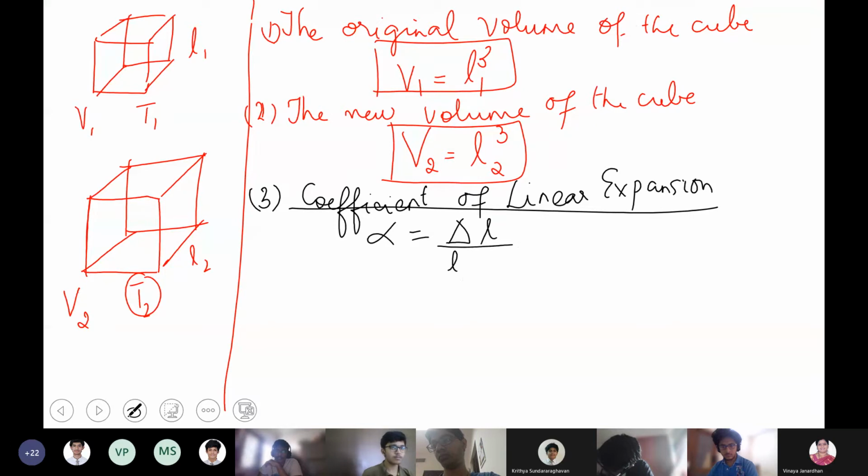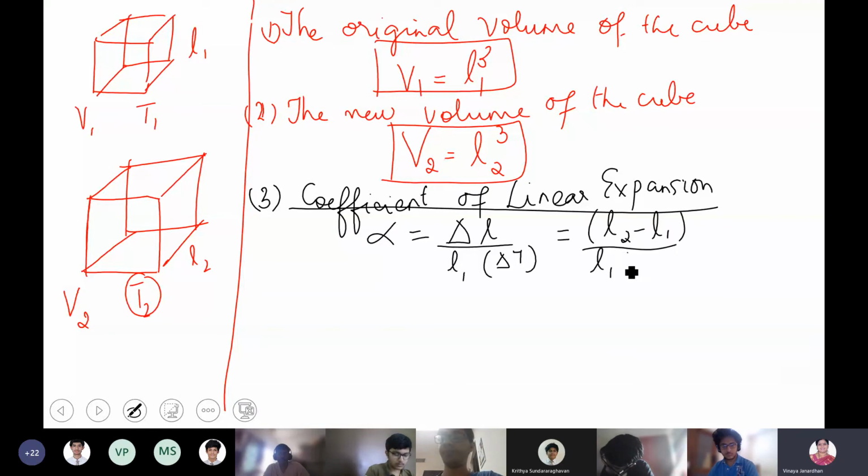Delta L by L delta T. What is delta L? Change in length. So what should I write? L2 minus L1 divided by L1 into delta T.